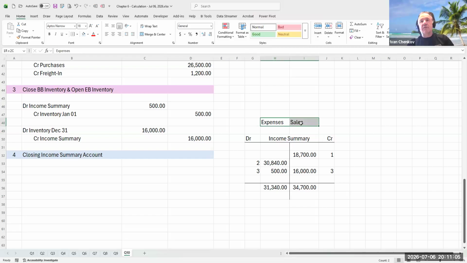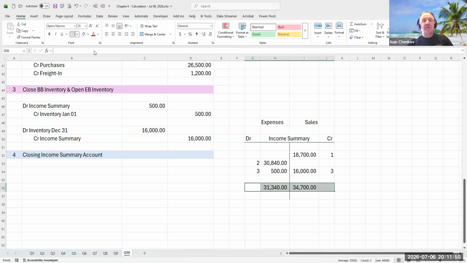So which one do you want to be higher, sales or expenses? Sales. So where do you want the balance to be, on the debit side or credit side? On the credit side. Makes sense? What's going to happen if the balance is on the debit side? What's going to happen if the balance is on the credit side? No gain, profit, or net income. Okay? So where is the balance currently?